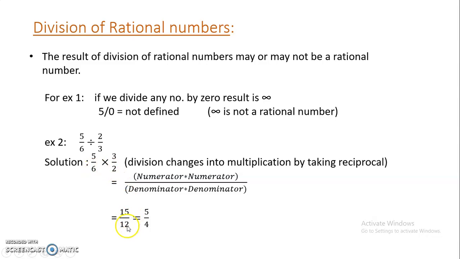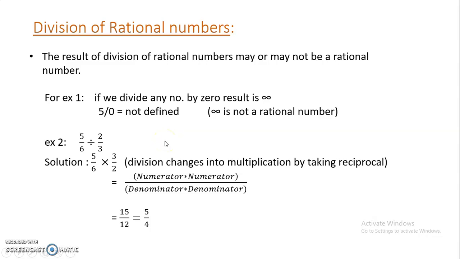So we can further simplify this to 5 by 4, and this is a rational number, that is, in the form of p by q. So see, this division sometimes results in infinity and sometimes in a rational number. So sometimes the result is not a rational number and sometimes it is a rational number.